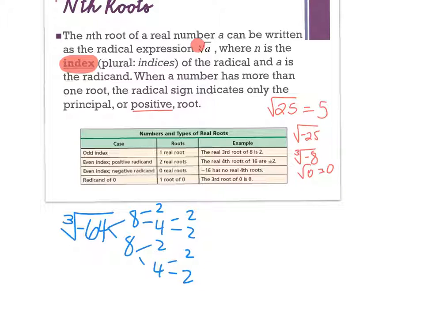And I can say it's negative because negative 4 times negative 4 is positive 16, times a negative 4 is negative 64. So if this little number is odd and this is negative, I can find it. But if that's even, I can't find it, because I need 2 of the exact same numbers multiplied together to give me negative 64. And if it's negative, it means one's got to be positive, one's got to be negative. Does that make sense? So even and negative underneath, no solution. Odd and negative underneath, that you can find.